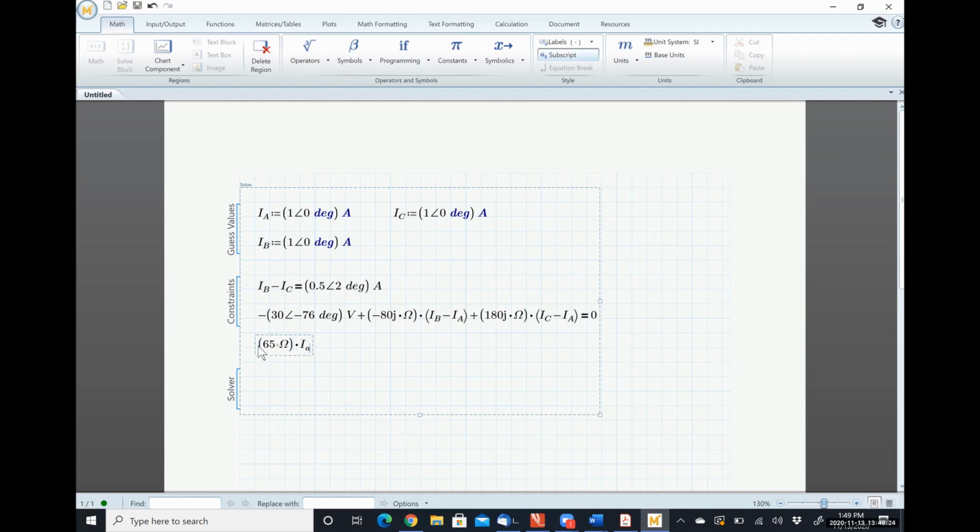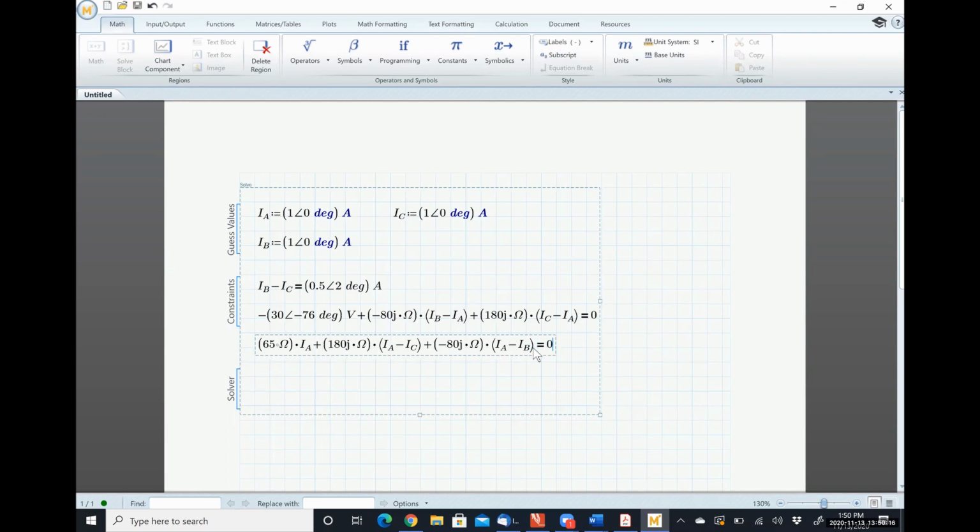And then we had 65 ohms times IA plus j180 ohms times IA minus IC plus negative j80 ohms multiplied by IA minus IB equals 0.